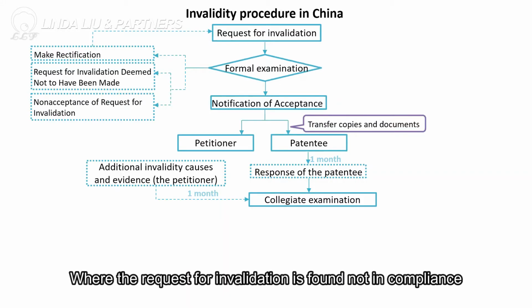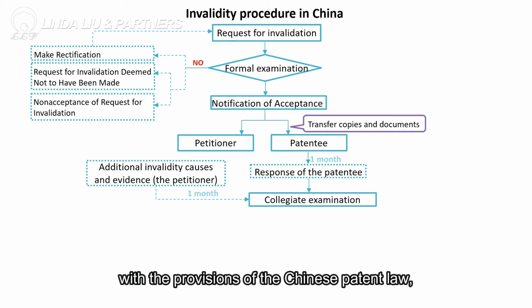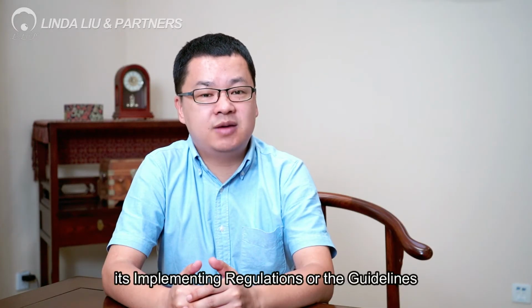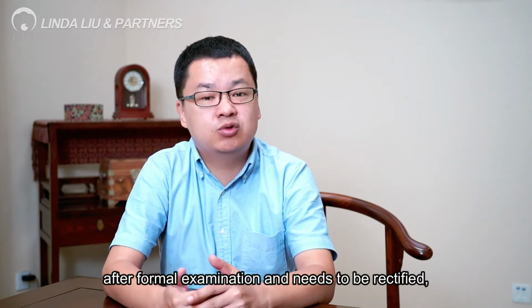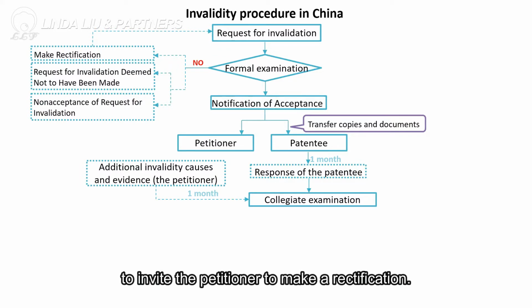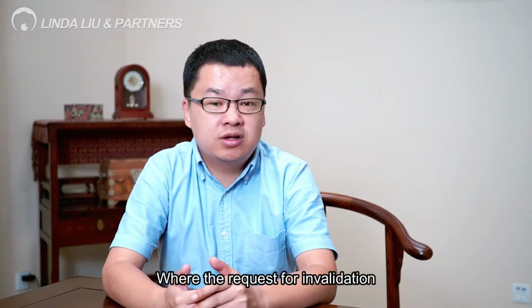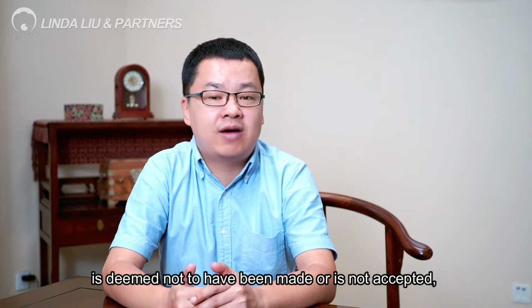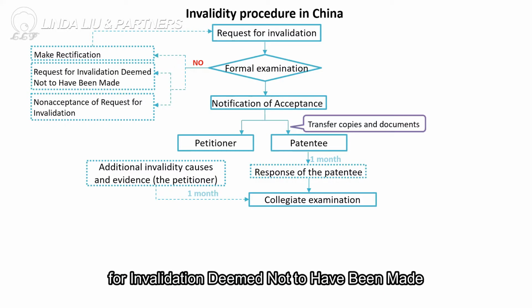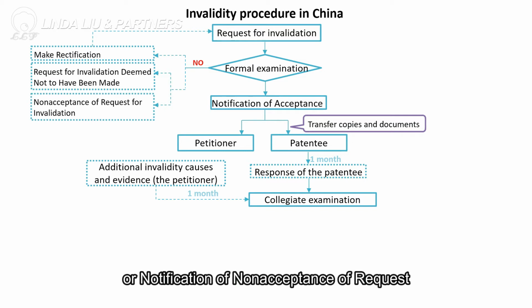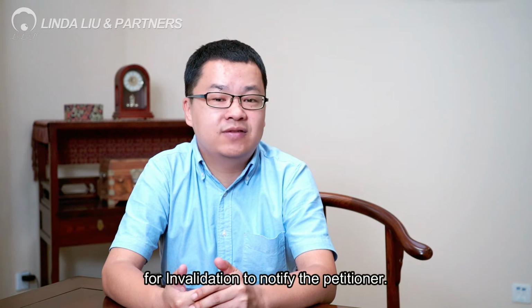Where the request for invalidation is found not in compliance with the provisions of the Chinese patent law, its implementing regulations or the guidelines after the formal examination and needs to be rectified, CNIPA shall issue a notification to invite the petitioner to make a rectification. Where the request for invalidation is deemed not to have been made or is not accepted, CNIPA shall issue a notification that the request for invalidation is deemed not to have been made, or a notification of non-acceptance of the request for invalidation, to notify the petitioner.